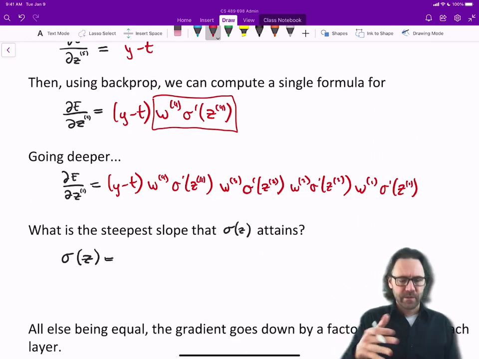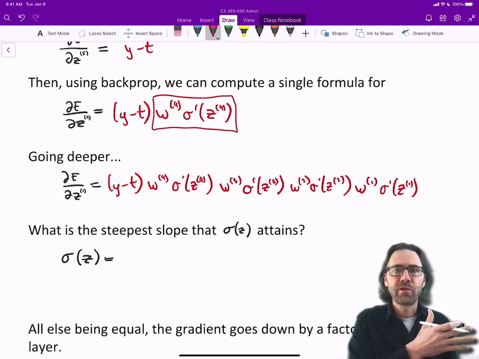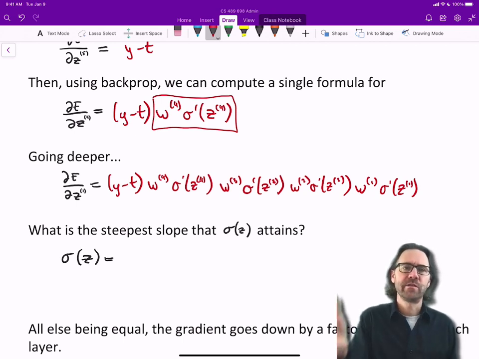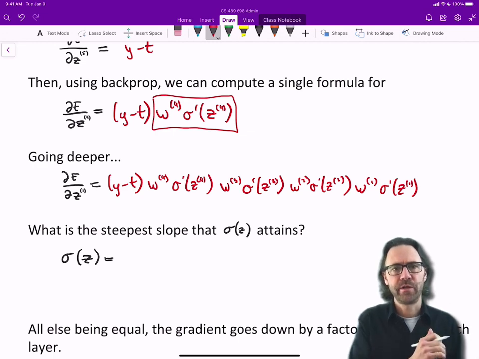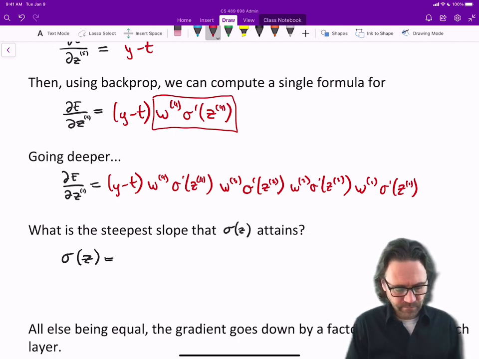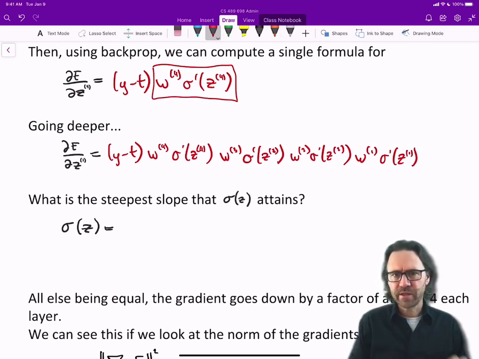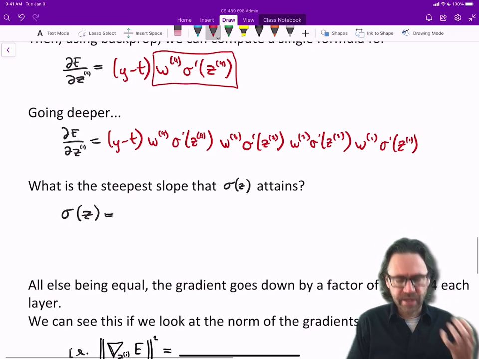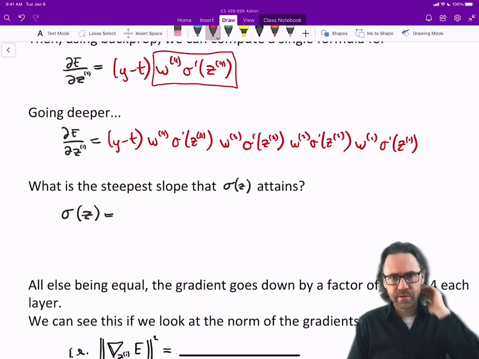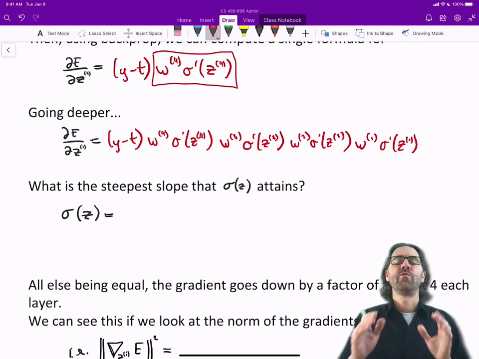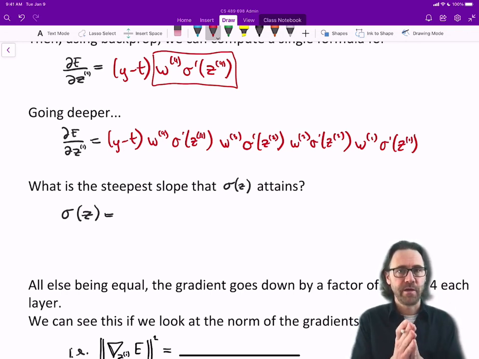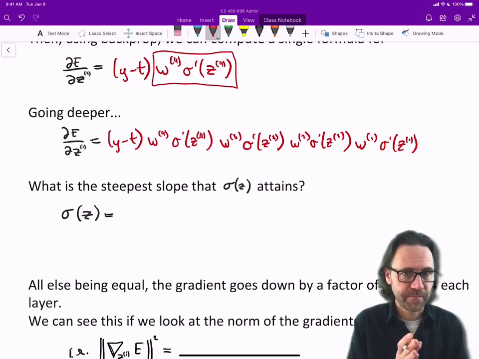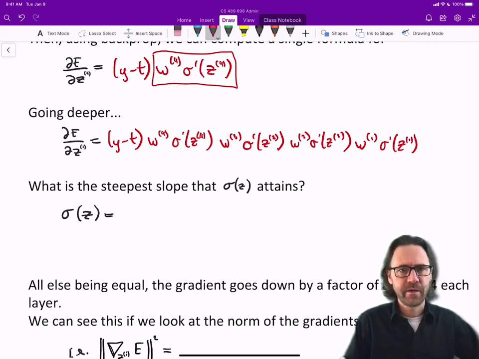Okay, so that's fine. We actually have now computed the gradient all the way down to the gradient of the cost with respect to the input current to the first hidden layer. So let's look at the sigma primes. What is the steepest slope that sigma of Z takes? So this is a logistic function.